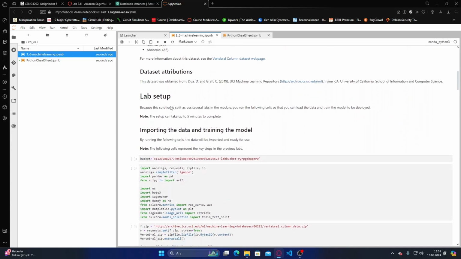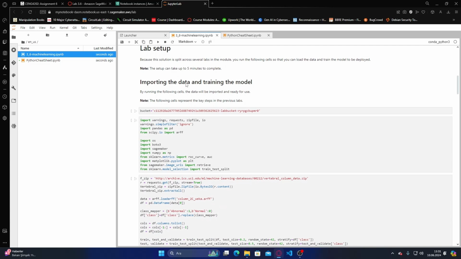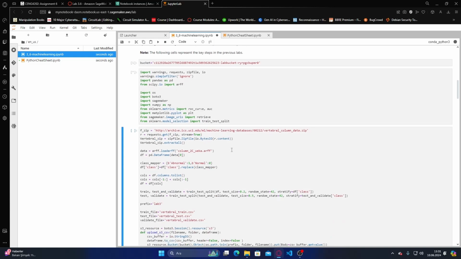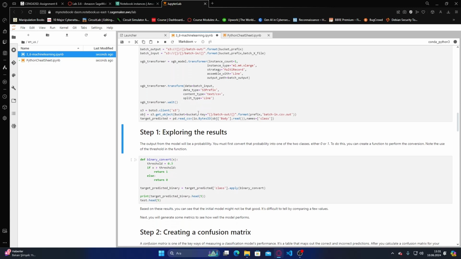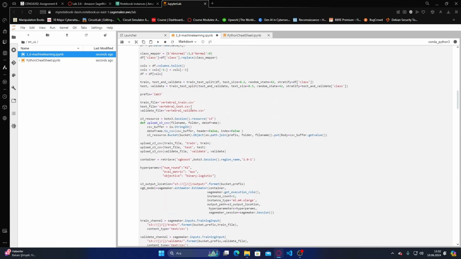Now to the lab setup, importing data and training the model. Let's import the data here, and I have to run this one.